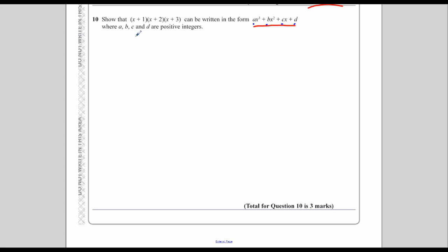So basically, let's just expand these brackets. Now there's 3 brackets to expand. We can start off by expanding the front 2, like we saw before, and then we'll carry on and times that by the rest.